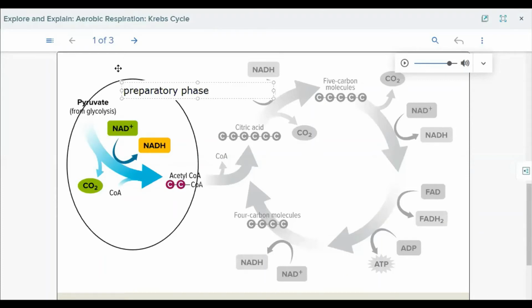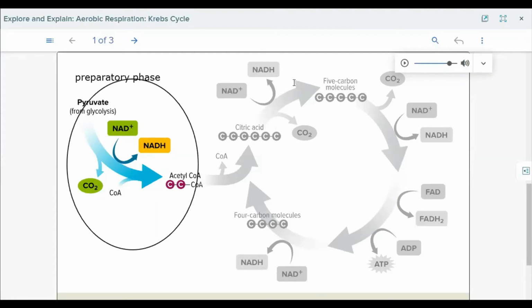Okay, the preparatory phase is before the Krebs cycle. So as you can see, pyruvate is converted into acetyl-CoA by releasing NADH and carbon dioxide. This is per pyruvate. So total times 2, you will have 2 NADH and 2 carbon dioxide.